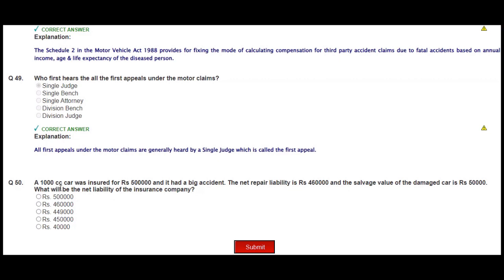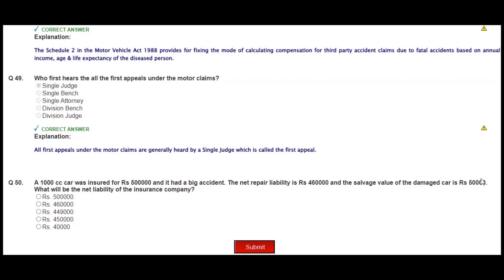A 1000cc car, IDV 5 lakhs. The repair liability is 4,60,000 because it is a total loss. We will decide crossing 75% repair liability. The vehicle salvage is 5000. It is clearly mentioned it is a 1000cc vehicle, so the policy excess is 1000.